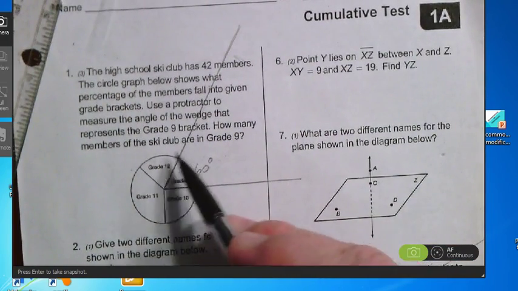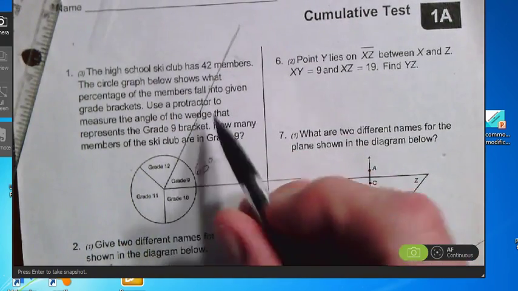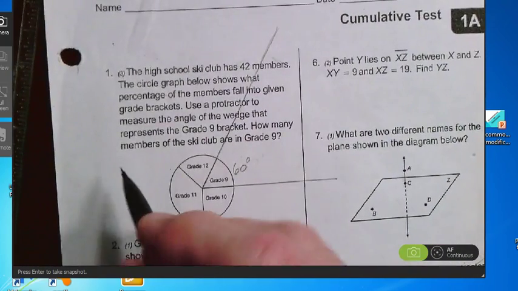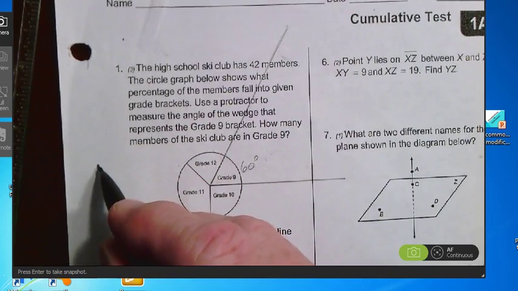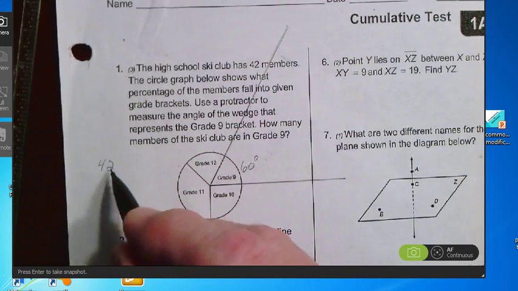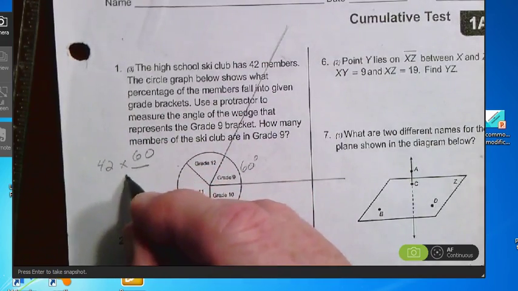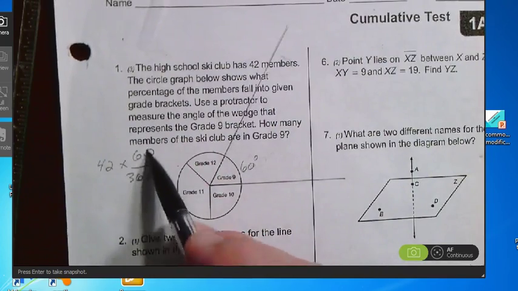Now, we want to know how many members are in 9th grade out of 42 members. So that's where you set this up this way. You would say 42 times 60 over 360. Now if you reduce this down, that's 1/6.